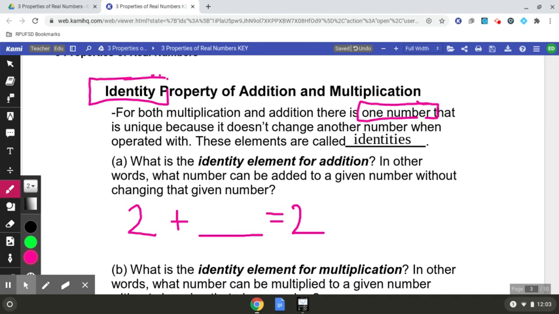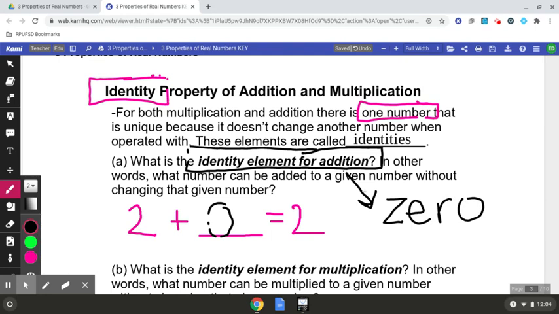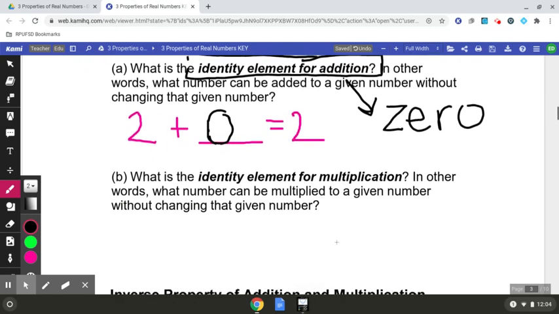So if you thought about it for a second there, 0. If you take 0 and you add it to 2, you're still going to end up with 2 as an answer. So what's my identity element for addition? It's 0, right? You can take 0, add it to any number, and you'll still end up with the same number back.